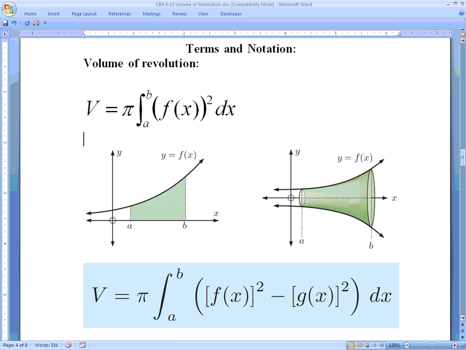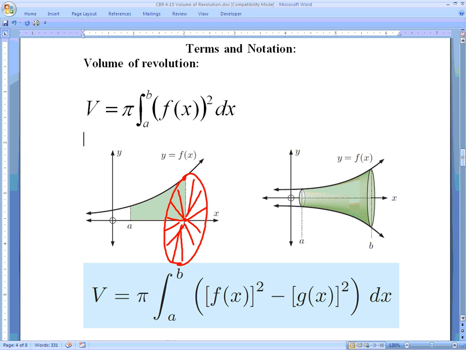So if we think of having a specific point here on any curve, if we take that point and we rotate it around the x-axis, the radius is always going to be the height, or the y value involved there.